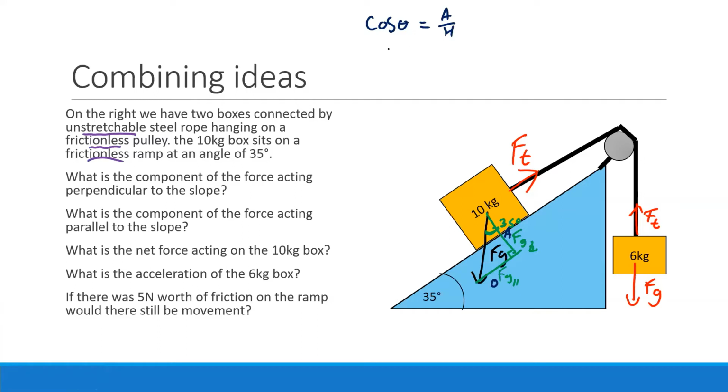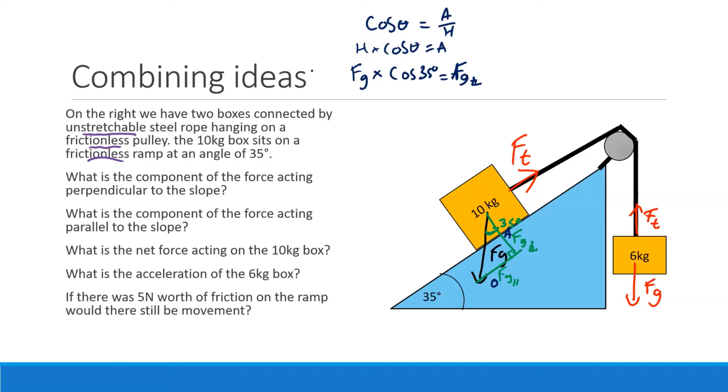So if we want to figure out the adjacent side, we've got h times cosine theta equals adjacent. Our adjacent side is Fg, because that's the force of gravity, times cosine of theta, 35 degrees, equals A. Which A in this case, by the way, is of course Fg, but we're going perpendicular to the slope.